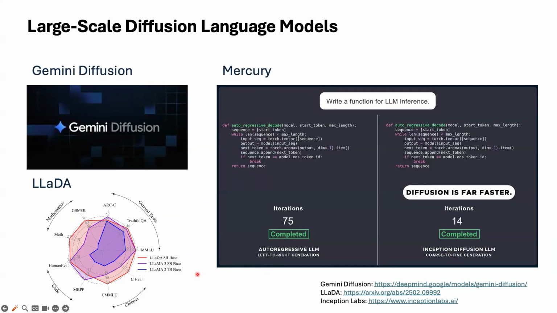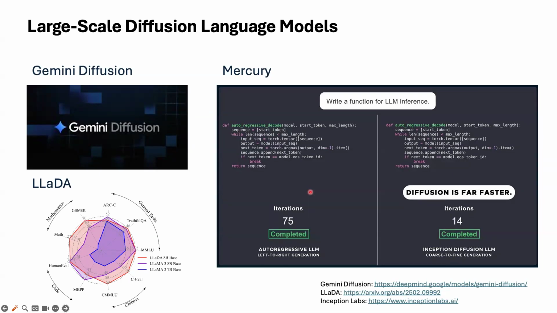Over the last several years, and in particular this year, diffusion models have really taken off in terms of industry impact and various groups who are working on this. One example was Gemini diffusion that was released recently. Another is Mercury from Inception Labs. Basically, they were able to show that diffusion models, because of their parallel generation, are able to generate things much faster in code generation.